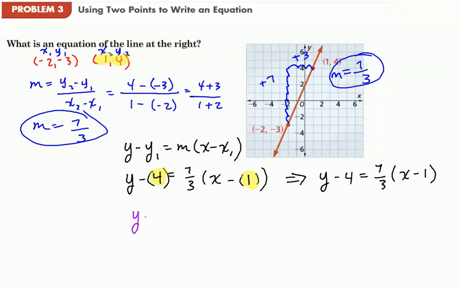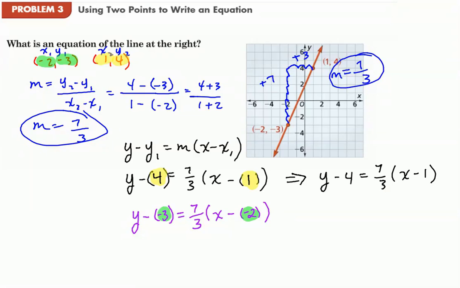I can go y minus, and in this case I'm going to plug in the y, which is -3, so I plug in a -3 here, and that's going to equal 7/3 times x minus whatever our value is for x. If we go back here, our x is -2, so I'm going to plug in a -2 here.